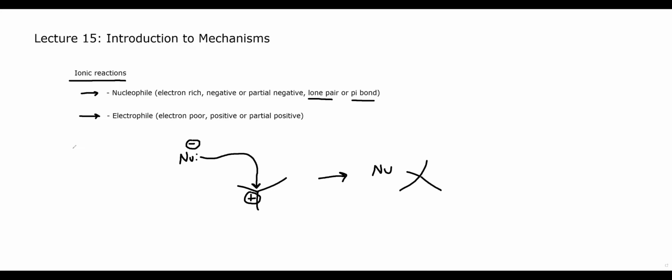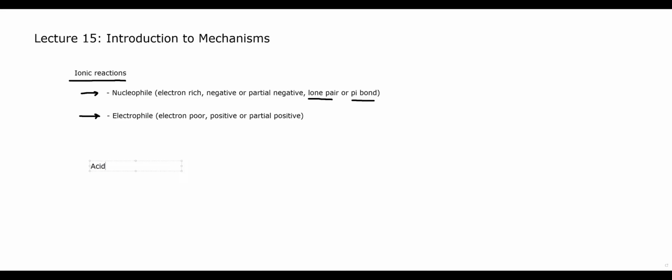I'm going to now break down the 4 different processes that we should know for drawing mechanisms. Before I do that, let me just show the generic, just a general mechanism for acid-base. We did see this before.